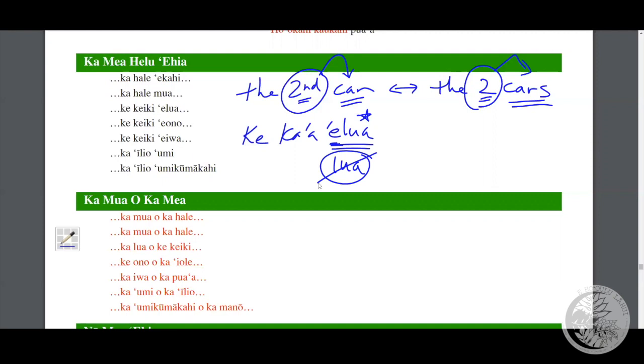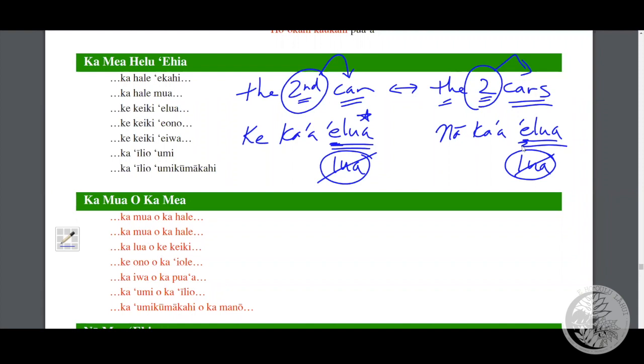Now let's look at the other one. The two cars. Again, you notice the cars. Because there's more than one, it's not going to be ke ka'a, but na ka'a, because I'm talking about more than one car. But in the same way, the kahulu is e lua. And again, never na ka'a lua, but na ka'a e lua.